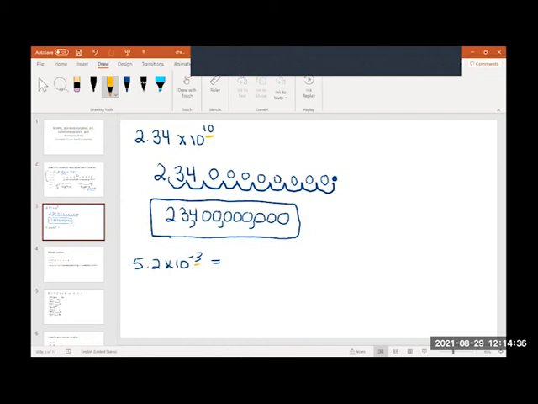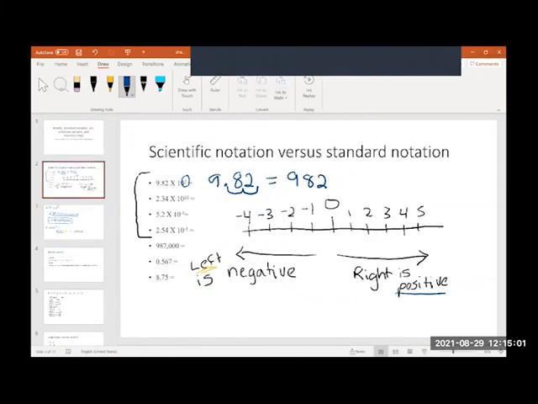What would that look like? 1, 2, 3. Put in your new decimal place, fill in those happy smiles with zeros, and now our answer is 0.0052 for the standard notation. Let's do another one. 2.54 times 10 to the negative 5.